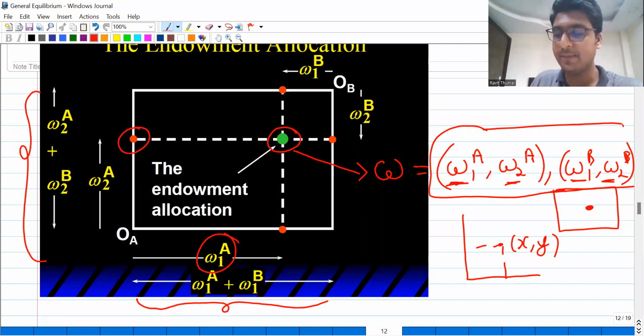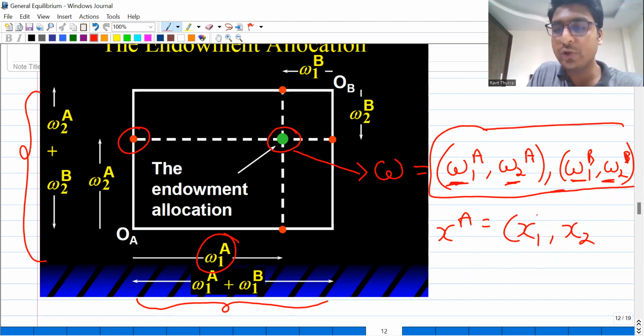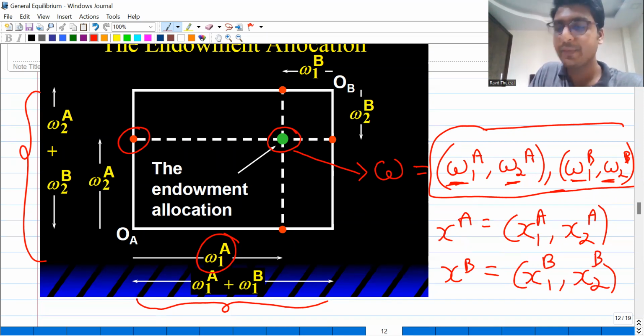So we can name these consumers as 1 or 2, or we can call them A or B or whatever you want to. Okay. Similarly, XA के अंदर आ जाएंगी 2 चीजें कि इंडिविजुअल A के पास गुड 1 और गुड 2 कितना है. Similarly, XB क्या होगा? XB is इंडिविजुअल B के पास गुड 1 और गुड 2 कितना है.